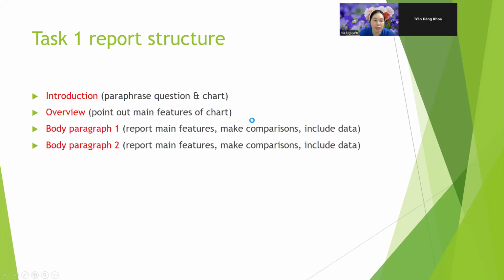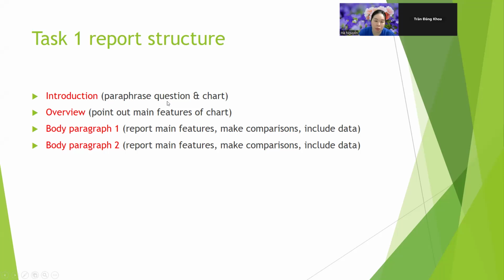All right. Now, we have looked at sample questions for each of the task types. How would you go on and write your report? You need to follow a structure, and a structure that I found very effective and simple to write is the 4-paragraph structure. You start your report with an introduction. What do you do in the introduction?